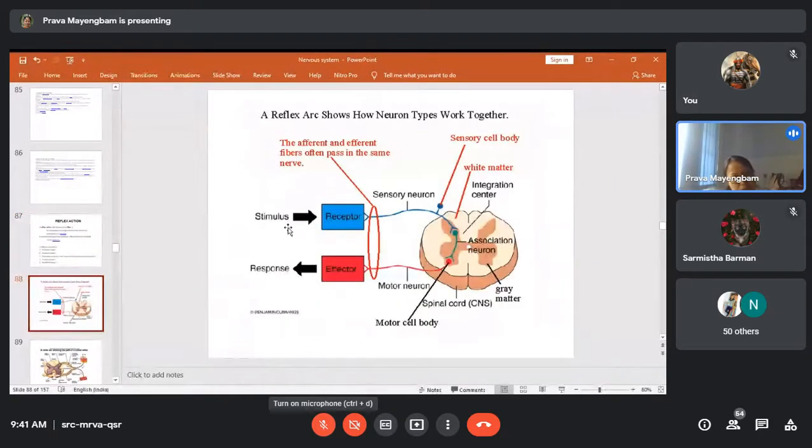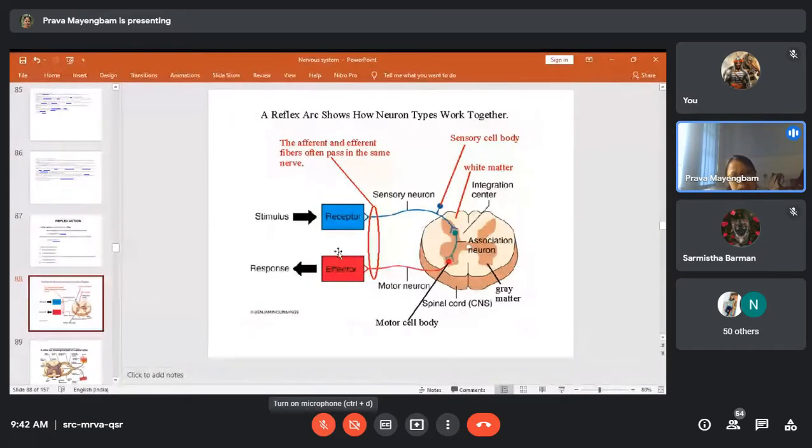Okay, so you can simply draw a very simple understanding picture. Then you have to write the stimulus going to the receptor, then through a sensory neuron entering the spinal cord through the dorsal horn and connecting with an association neuron present in the gray matter of the spinal cord, and exiting the spinal cord through a motor neuron and going to an effector organ.